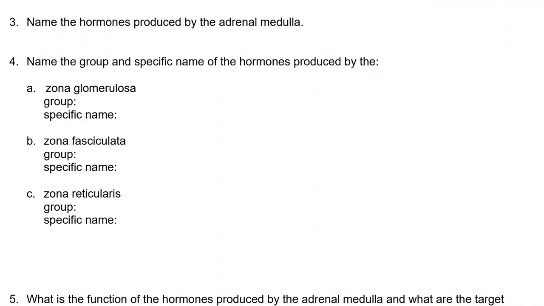Okay, back to the lab report. So Zona glomerulosa, Zona Fasciculata, and Zona Reticularis, each region makes a different hormone. And so there's kind of an overall group of hormones, like a category name, and then there is a specific name or a specific example of that category. And there's a little mnemonic that I like to use to remember the hormones produced here.